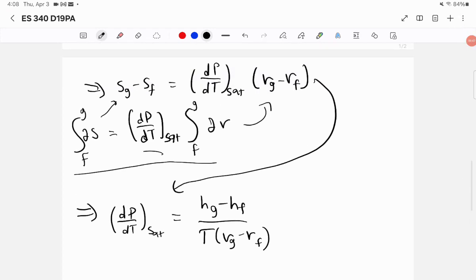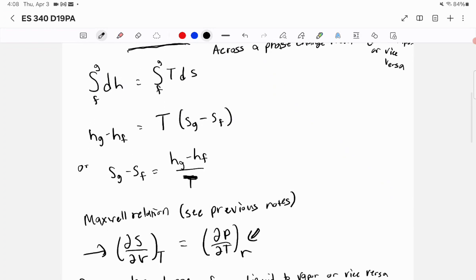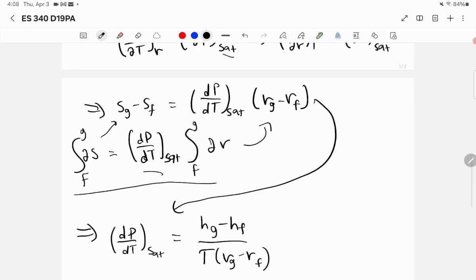The only thing you have to note is that we used the equation up here. Let's call this 1. Let's call this 2.